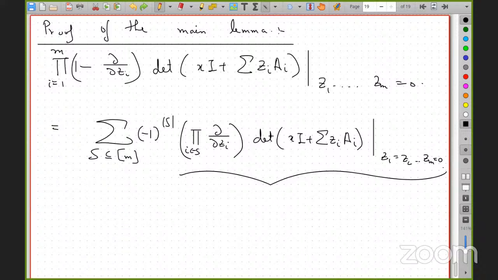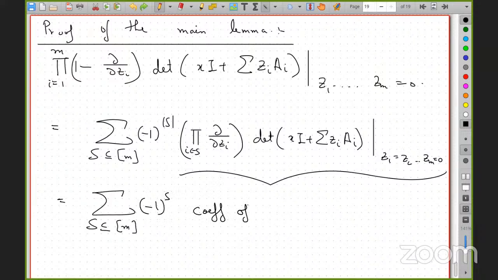So the only things that do survive, as we have seen a few times before, are those where the degree of these zi is exactly 1. So in particular, this is exactly the coefficient of the product of the zi.